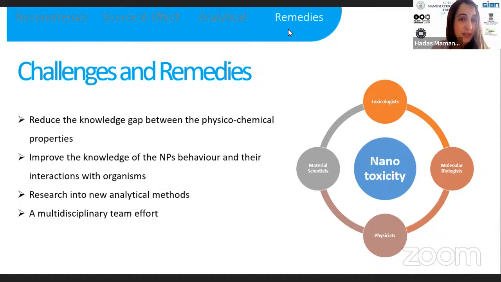To protect the environment and living organisms, it is necessary to know the toxic doses of the nanoparticles and the mechanisms of their toxicity. With newer nanomaterial-based products being introduced into the market on a daily basis, and this is an important point, there is an urgent need to reduce the knowledge gap between the physical and chemical properties in the aquatic environment and their influence on the manifestation of toxicity issues.